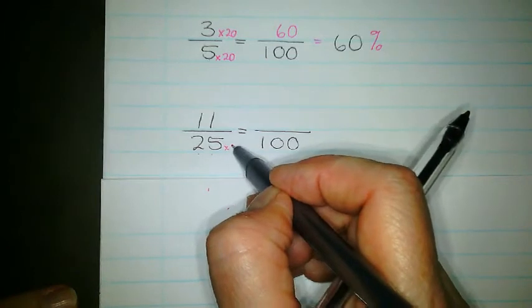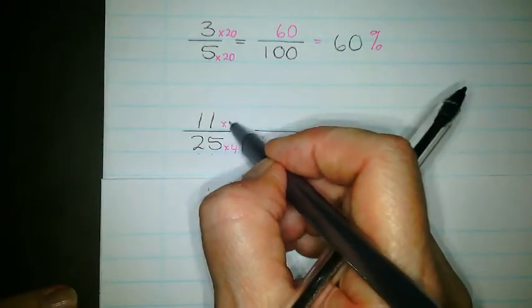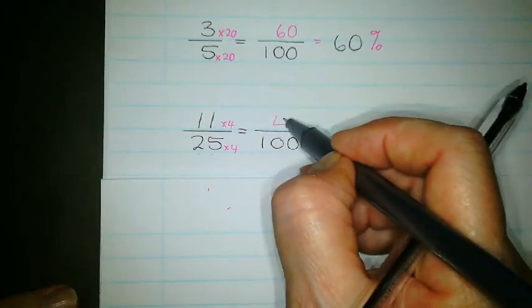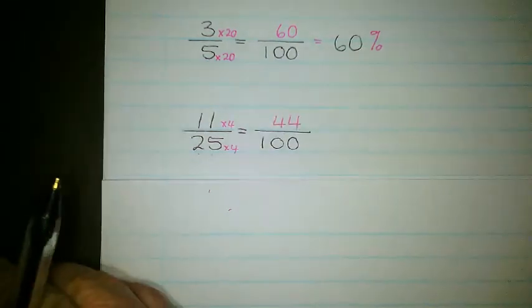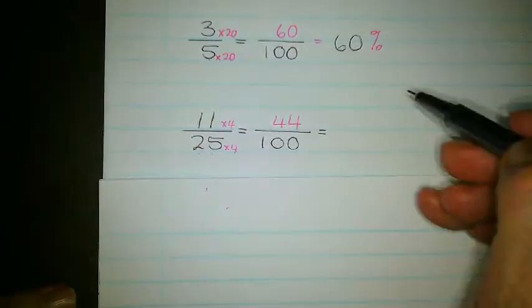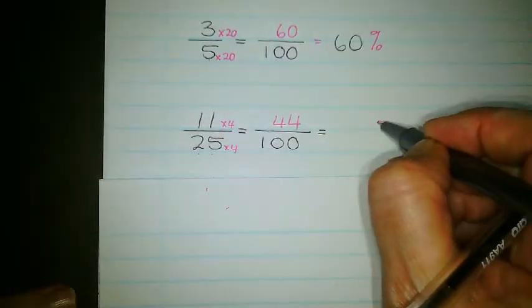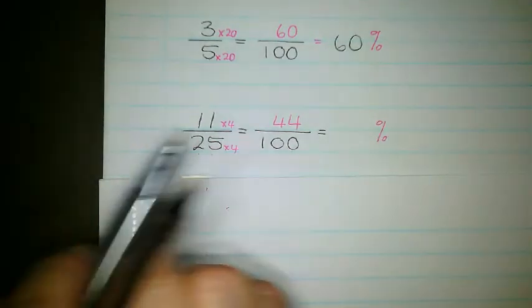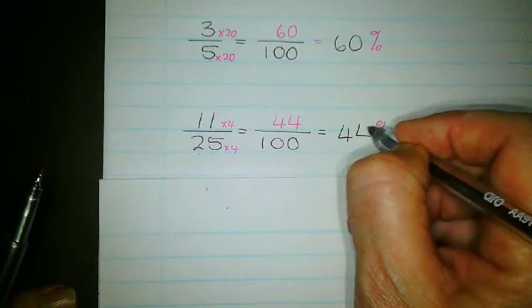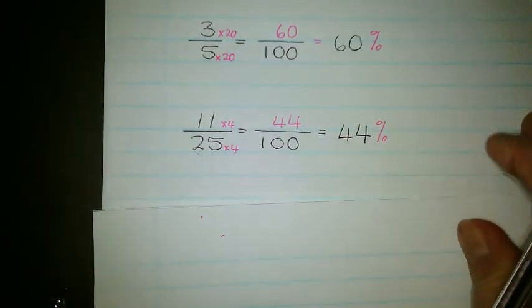And that's going to be 4. What I do at the bottom, I do at the top. So 11 times 4 is going to be 44. And then I'm just going to write it as the percentage. My denominator becomes my percentage sign. My numerator is going to be the value that's going to be in front of my percentage sign.